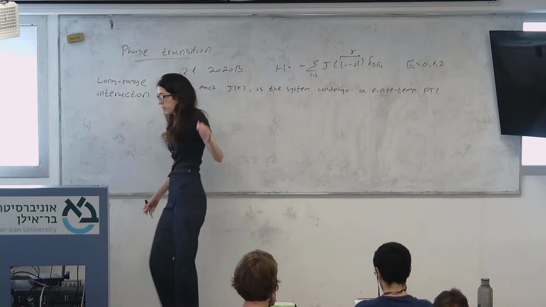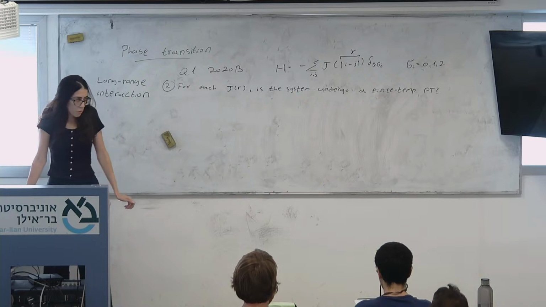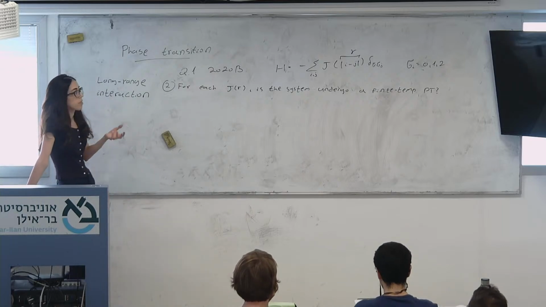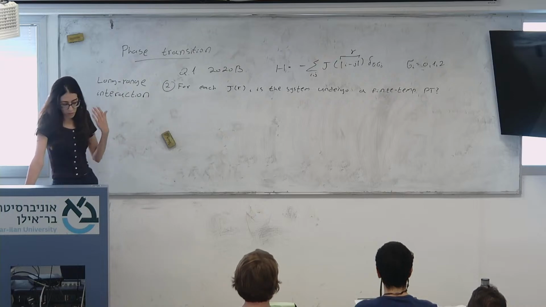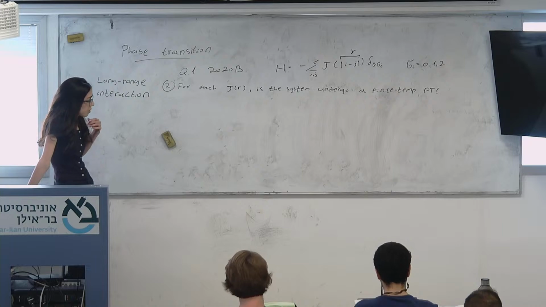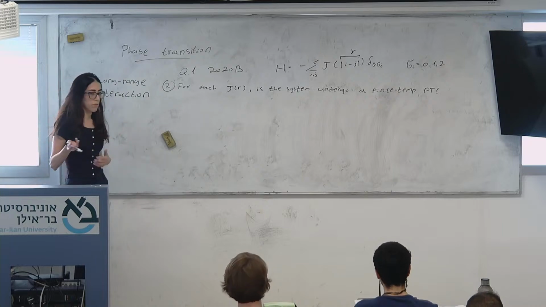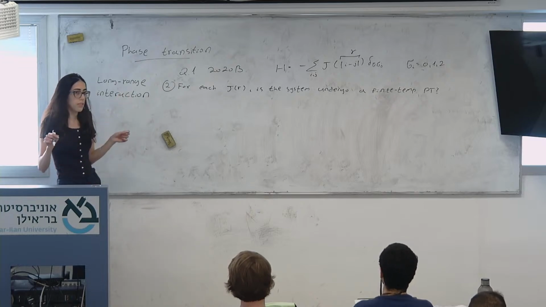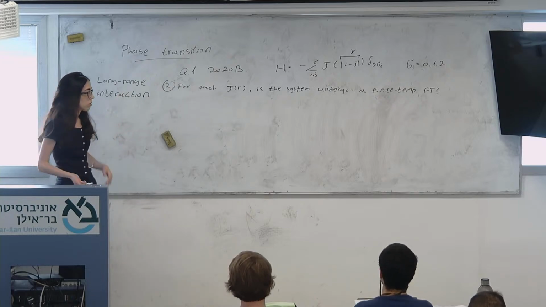I'm out of space. So we already saw that in a one-dimensional system, this is a one-dimensional system. It also should be given in the question. The thing that's going to determine if we have or don't have a phase transition is the form of J of R. So we have either sigma smaller or larger than 2.